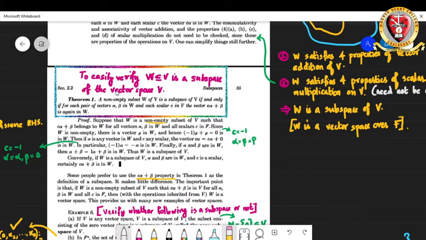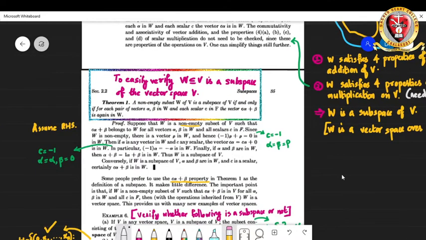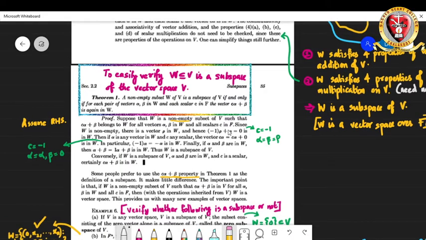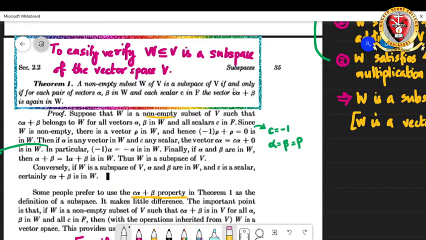That makes us go to Theorem 1, which says a non-empty subset W of V is a subspace of V if and only if for each pair of vectors alpha, beta in W and each scalar C in F, the vector C alpha plus beta is again in W. That is, we just have to check whether C alpha plus beta belongs to W whenever alpha and beta are in W. Let's call it the C alpha plus beta property of a subspace.